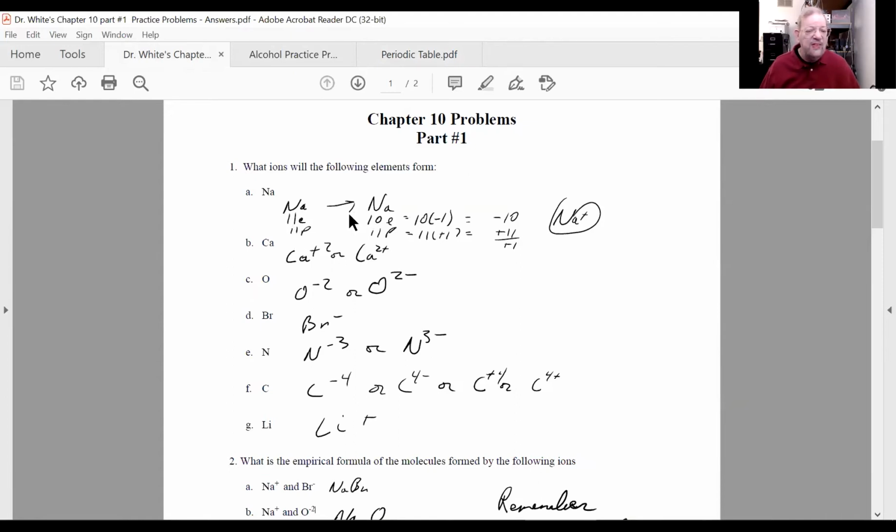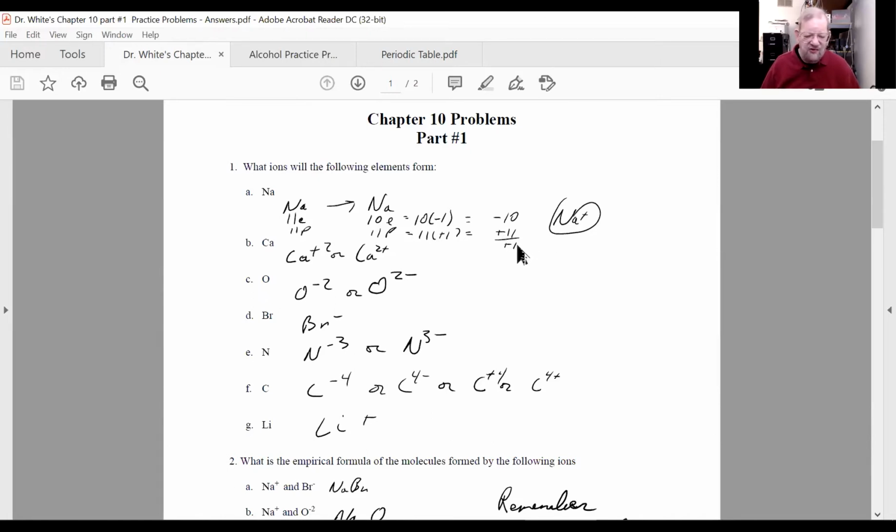And then it wants to have the same number of electrons as neon, 10, but you never lose protons. And then each electron is a -1 charge, and each proton is a +1. Do the math, -10 plus 11. You add it up, you get a +1.